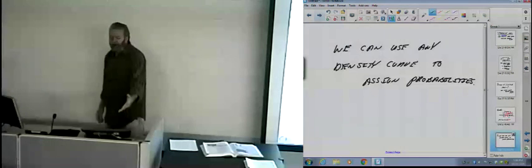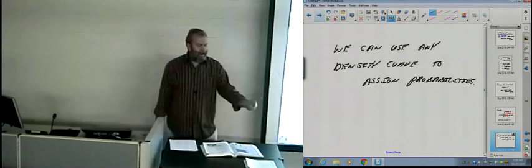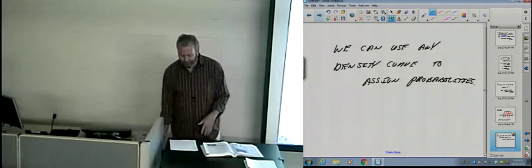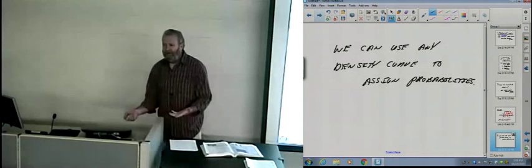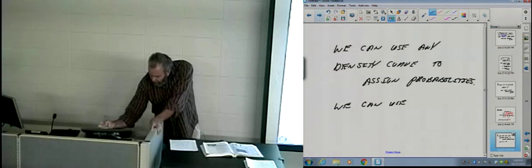I can use areas under a density curve to assign probabilities. You can use density curves to assign probabilities as the areas under the curve. Now, what's my favorite density curve? We can use normal curves.